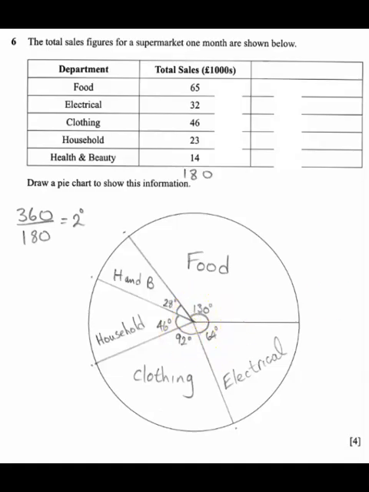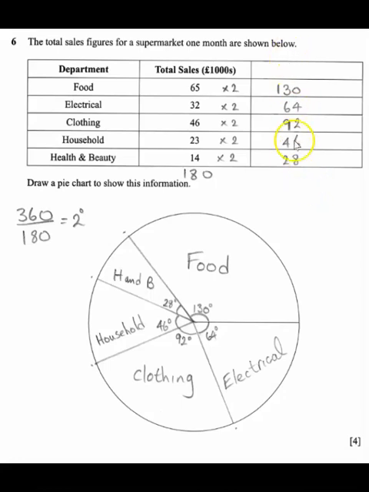So once we've got that 2 degrees, we can apply it to all the numbers in the frequency column. Just multiply everything by 2, and then your angles for each one would be 130, obviously, for 65 times 2, and 32 times 2 and all that.